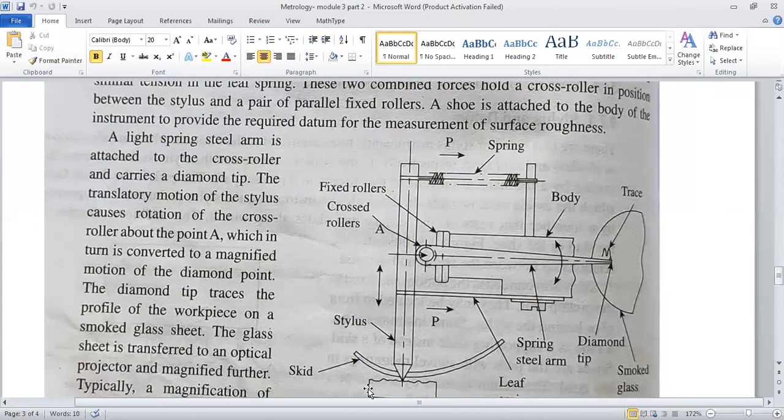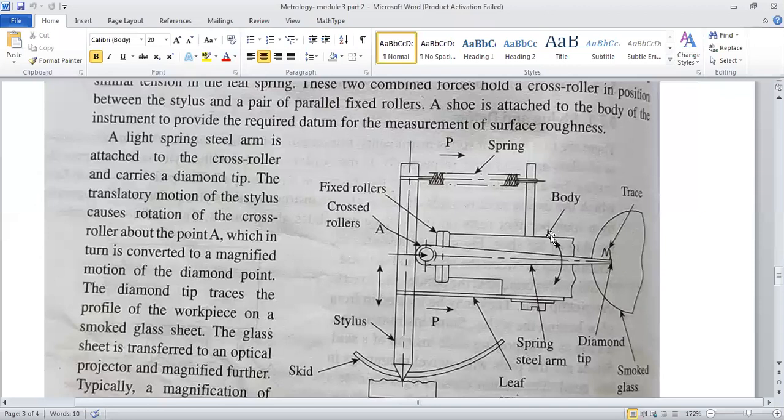When the stylus moves in translatory motion, then the cross roller will rotate about the point A. Point A is actually the hinge portion to the stylus, that is the diamond tip, and the cross roller rotates, which is converted to a magnified motion of the diamond point.